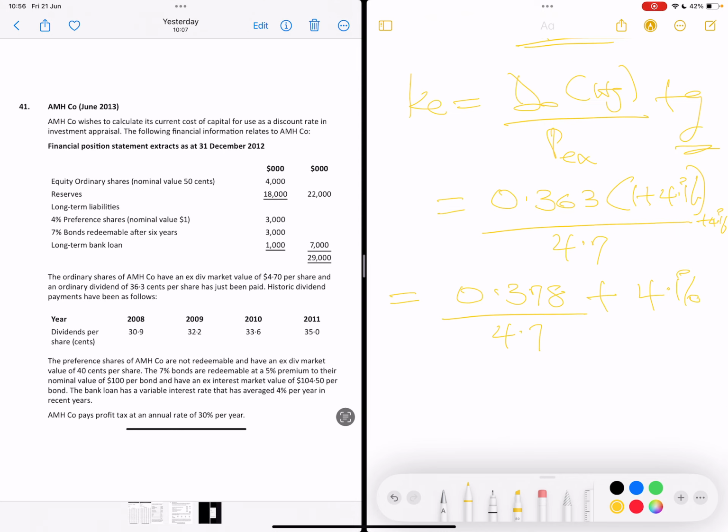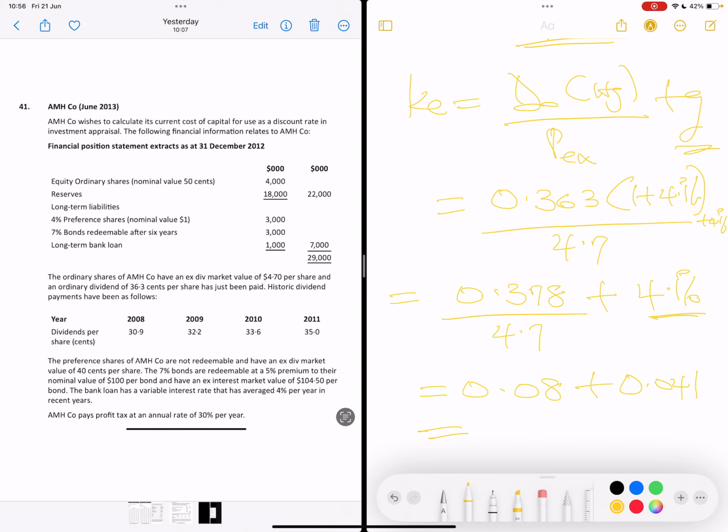So 0.378 divided by 4.7 is 0.08. Let's take this as numbers, because you can't add a number to a percentage. You're either adding percentage to percentage, or numbers with numbers. So 0.08 is the same as 8%, and 4.1% is the same as 0.041.